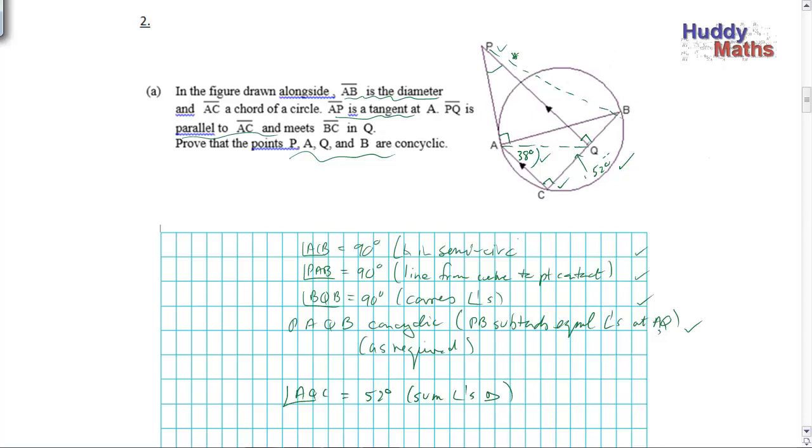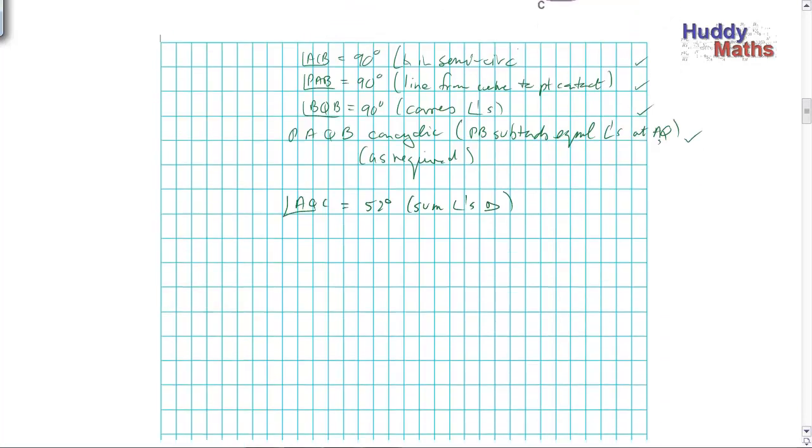We could go in here and find that. AQB would be 128. Now, why would we do that? Angle AQB is 128, sum angles straight line.